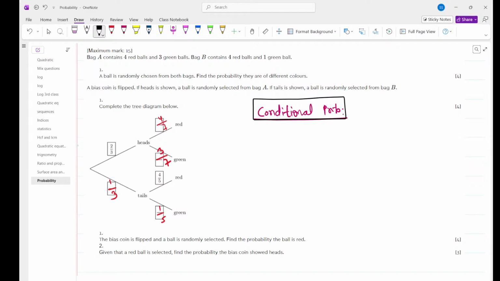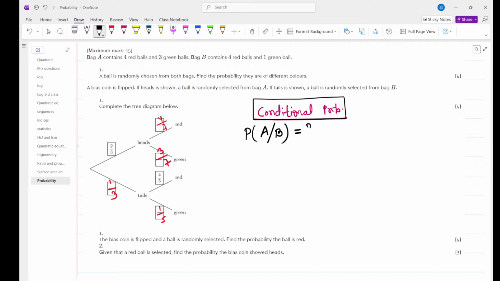Can you tell me how we represent conditional probability mathematically? It is denoted as probability of A oblique B, that is P(A|B).